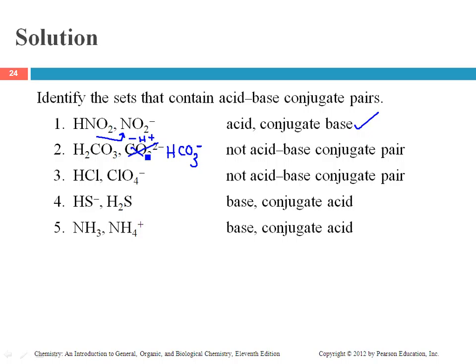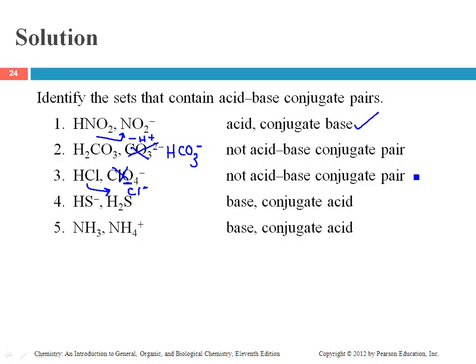For HCl, you can actually look at these. These don't look anything alike. They can't differ by different atoms. So we've got oxygen here. That's not going to be involved with our HCl. So our hydrochloric acid is going to lose a proton, and it would become chloride. So our original is not an acid-base conjugate pair.